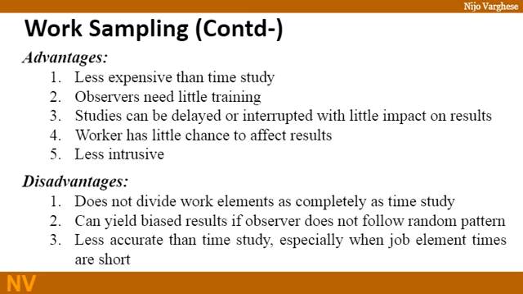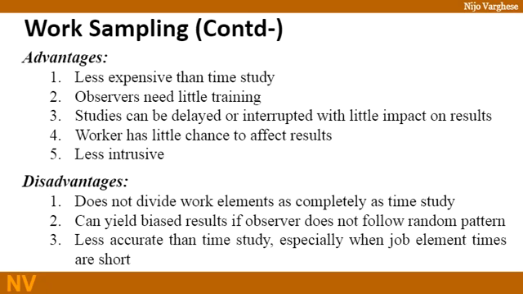In time study, when the worker sees that a person is observing and taking the work measurement, there is a high chance that the worker acts accordingly, so the worker will work efficiently or will not work in that particular situation. This influence will not be there in case of work sampling. That is an advantage, and it is less intrusive. These are all the advantages of work sampling.